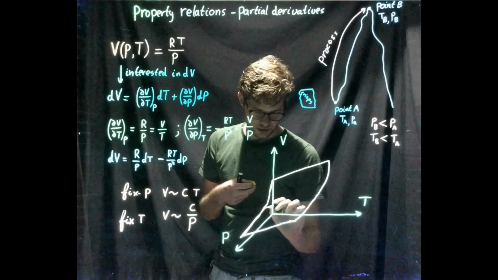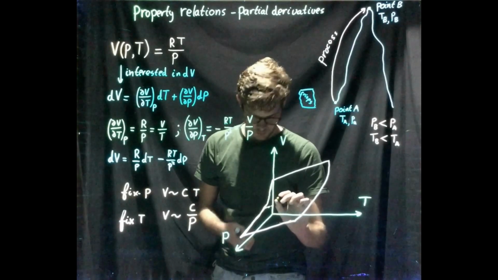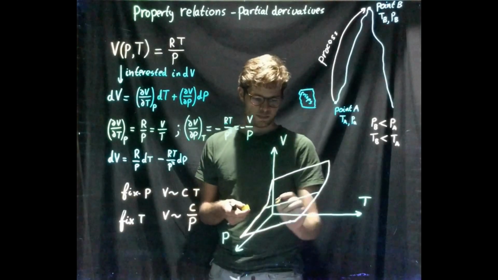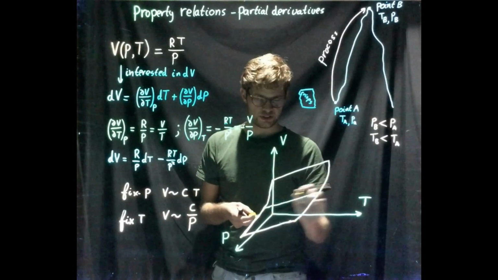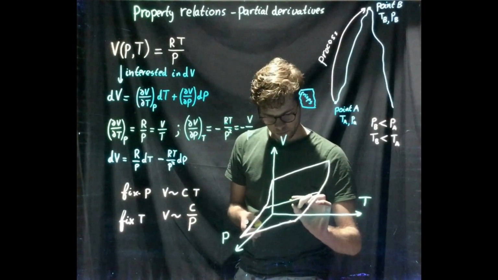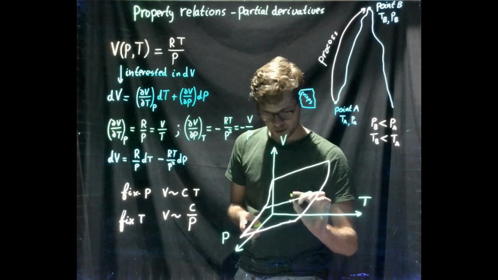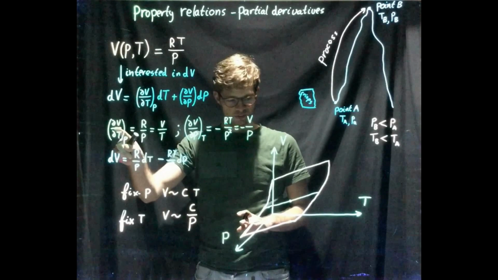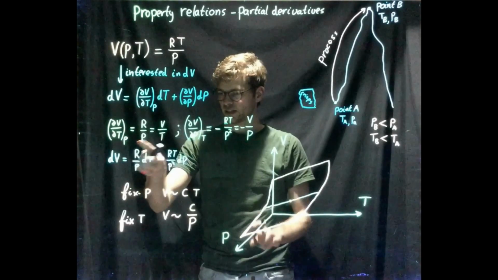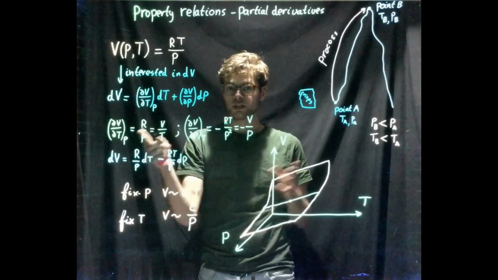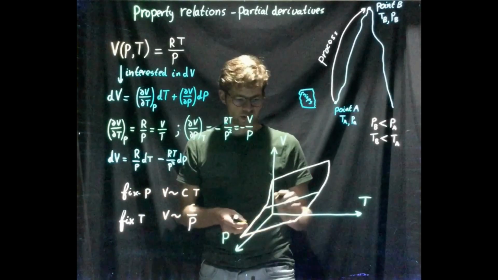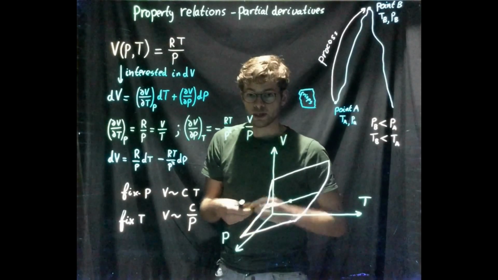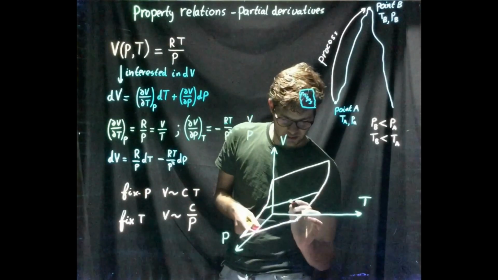So there will be a line here for this pressure. So for this pressure I have my VT diagram, and at some point I'm interested in the behavior. Since I already know that my dV/dT for a fixed P is equal to R over P, so equal to a constant since P is fixed, I know that my derivative over here, so my rate of change over here, is a fixed value.